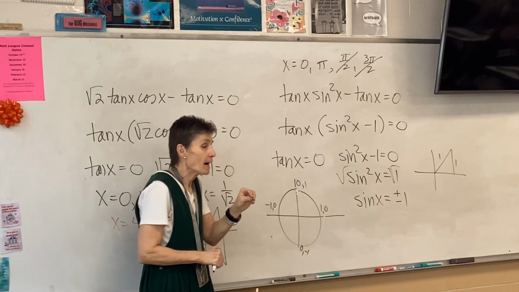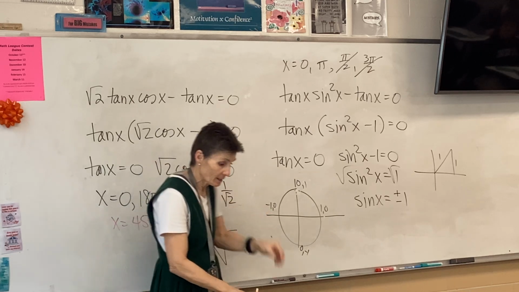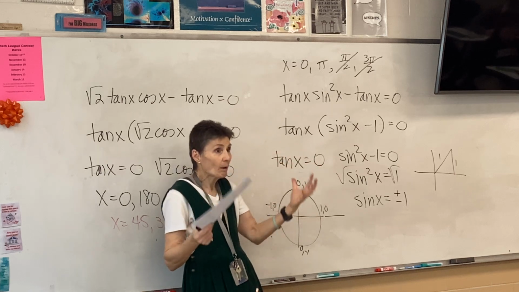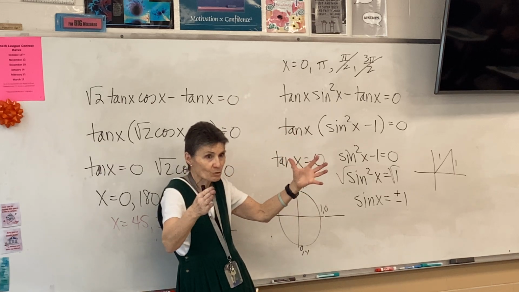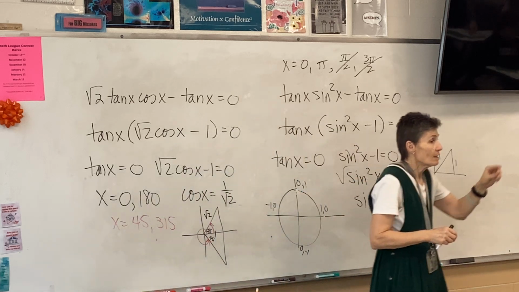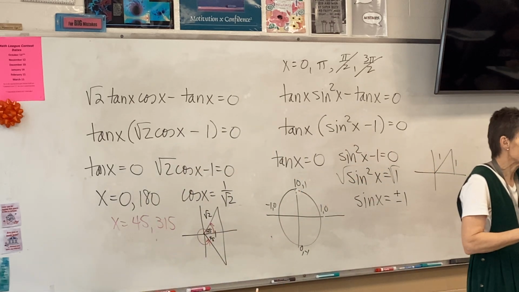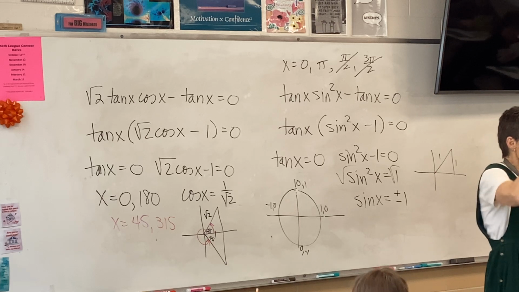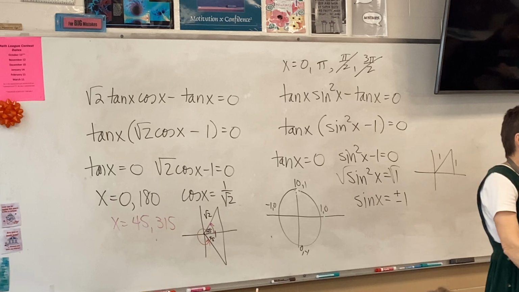If I were you, I'd be on the verge of panic, because not only have I given you a bunch of stuff, but now I'm telling you there could be extraneous roots. What you need to remember is the tangent is undefined in two places: straight up and straight down.